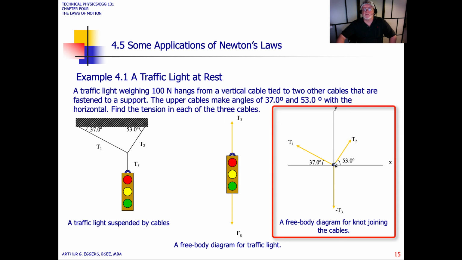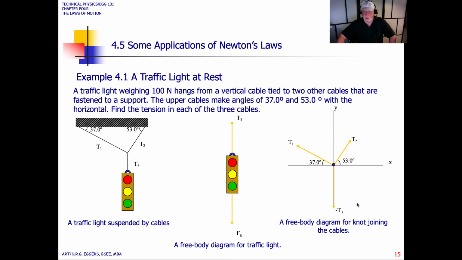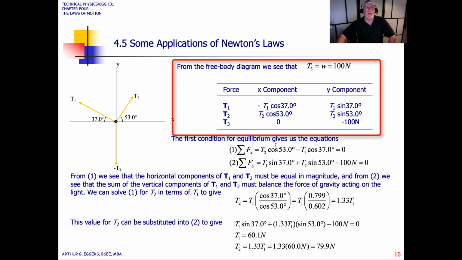T1 becomes a resultant. We have angles associated with them. You should be looking at this now and thinking, well, I'm going to have x and y components associated with each of these tensions.